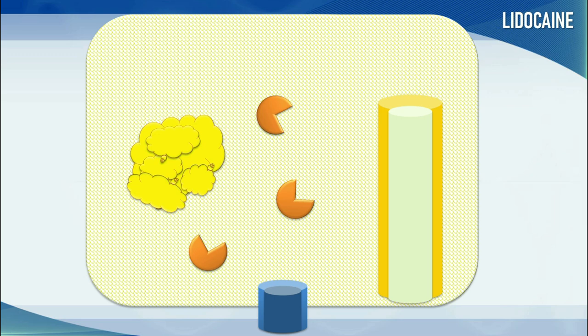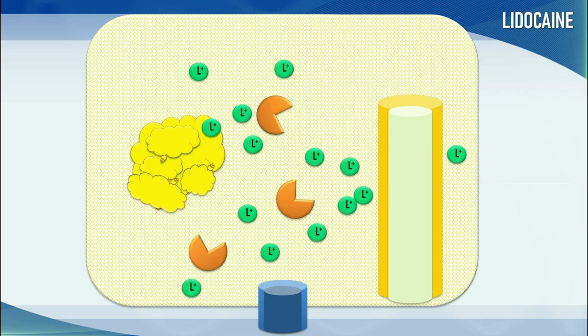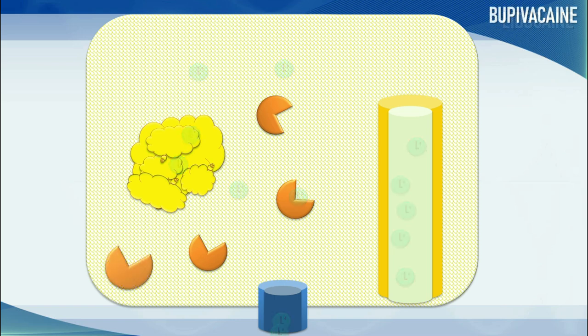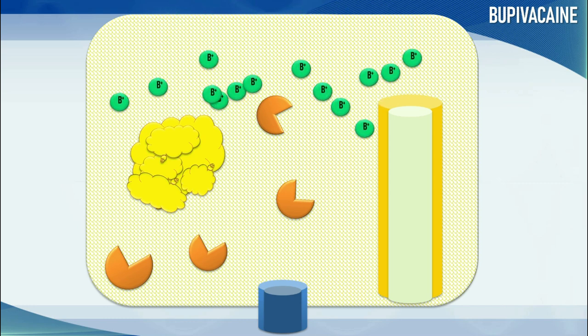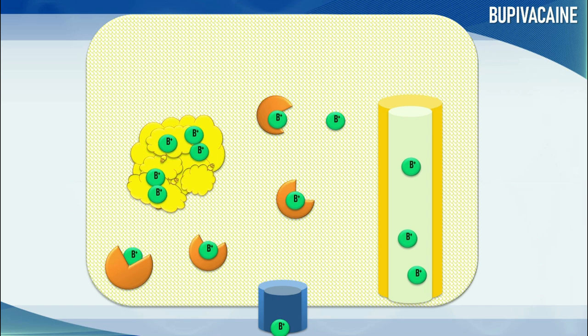When lidocaine is injected, a significant portion enters the nerve cell and affects the block. Some of the free lidocaine is absorbed by lymphatics or veins and transported to the liver and kidneys for disposal. A modest amount is bound to fat and protein. Conversely, as bupivacaine is slow to enter cells, it has a far higher affinity for both protein and fat.